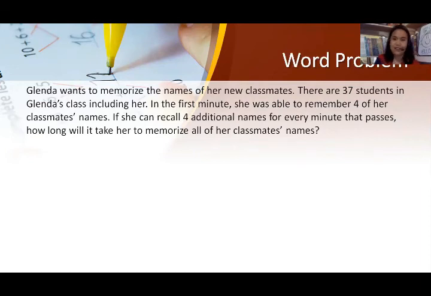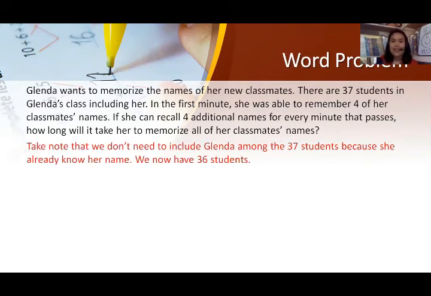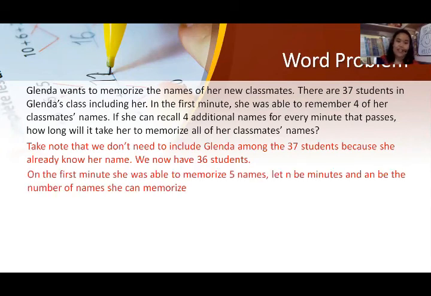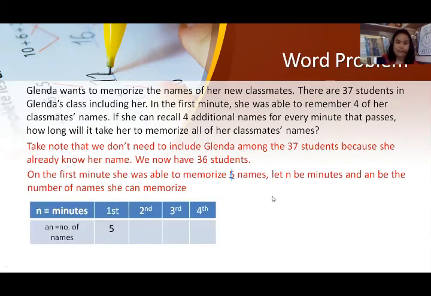So let's try to illustrate it using a table. So again, 36 lang kasi alam na niya yung pangalan niya. On the first minute, she was able to memorize 4 names. Let me just correct that. That's 4. Okay, this is 4 names. So let's assign that N be the number of minutes that she was able to memorize all of her classmates' names.